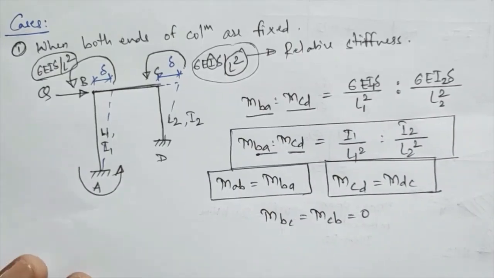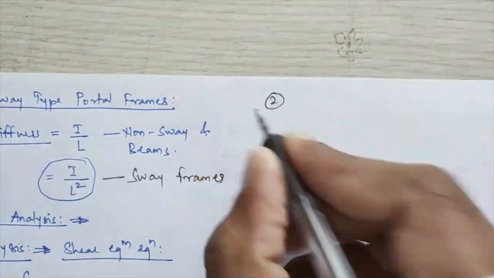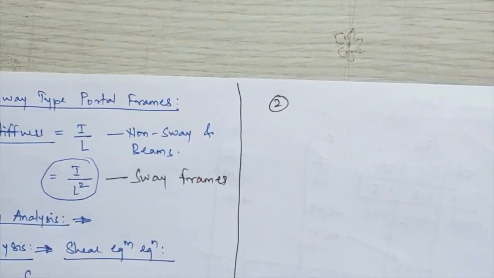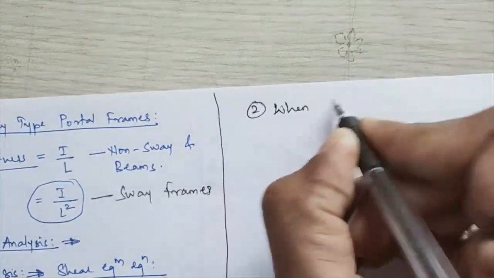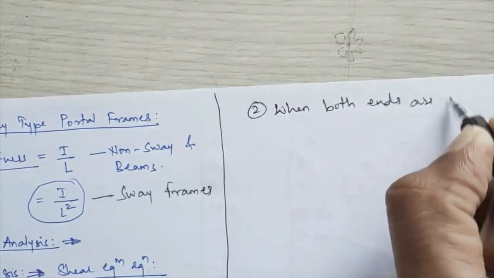Now we'll proceed to the second case. So write down case number 2, when both ends are hinged.